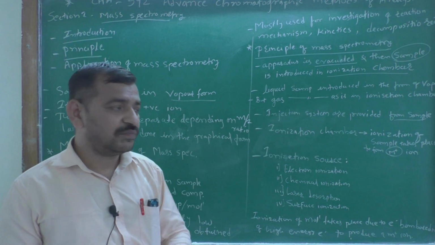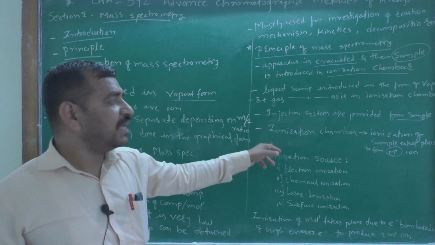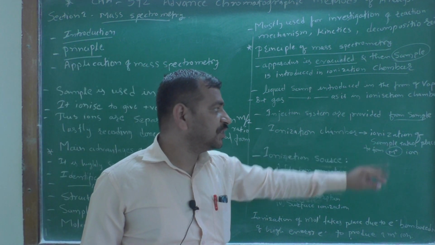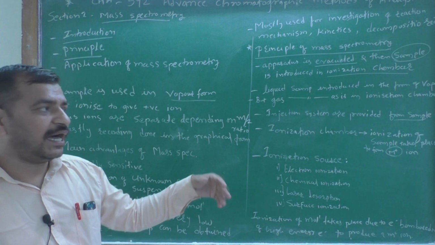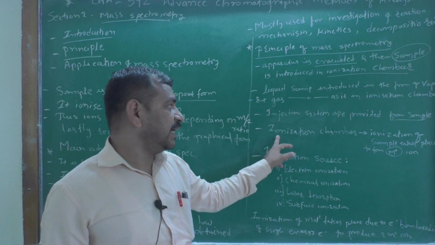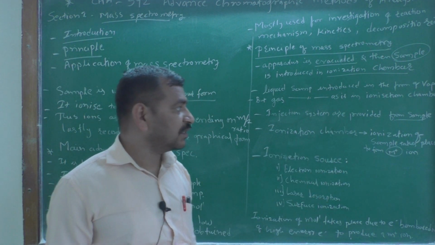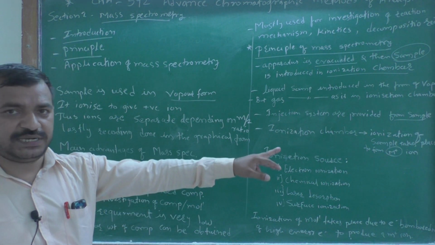In the ionization chamber, ionization of the sample takes place. To form ions, different types of fragmentation are generated in the ionization chamber.